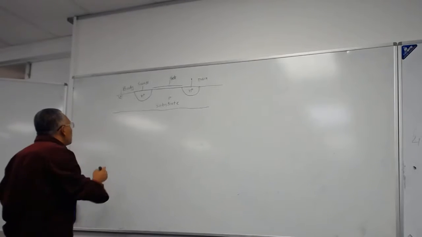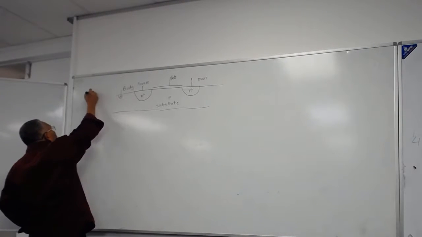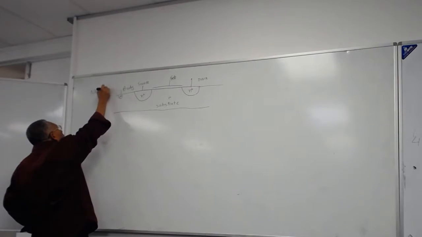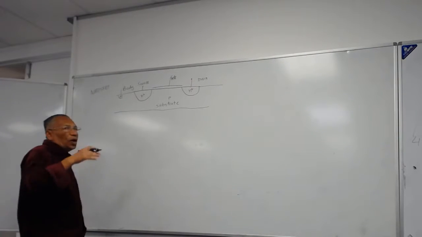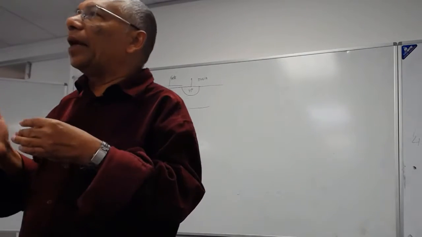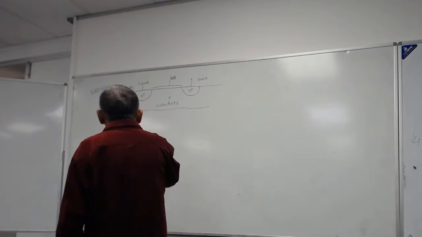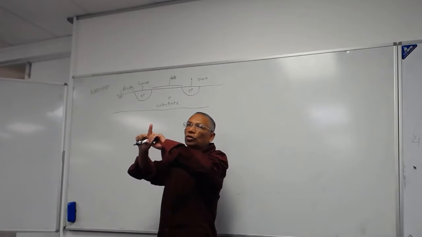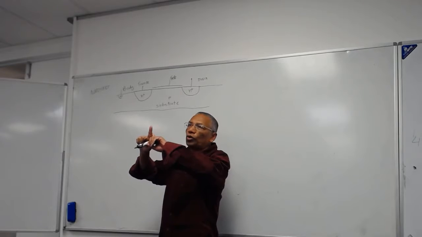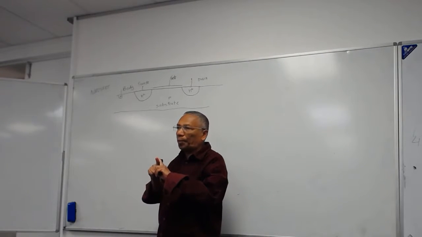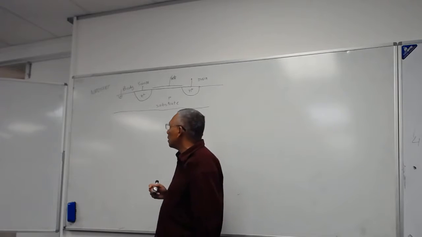So the N MOSFET, you can see here, is really a cross between a MOS capacitor and an NPN transistor. This cross produces the MOSFET action. It's a cross between a capacitor and the NPN transistor.